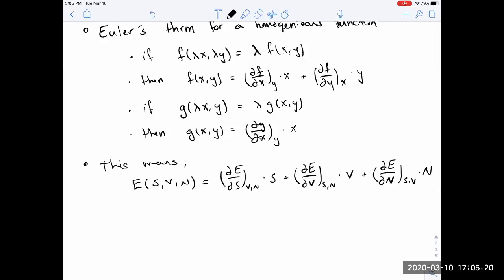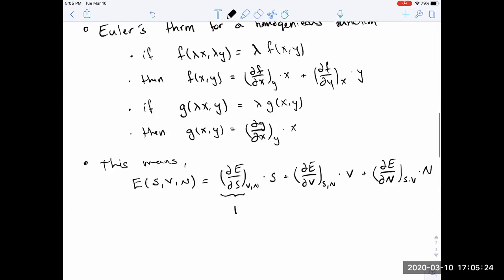That looks like a mouthful, but we know, for example, that how the energy changes with entropy is what we mean by the temperature. How the energy changes with the volume is what we mean by the pressure. And analogously, how the energy changes with particle number is the chemical potential.